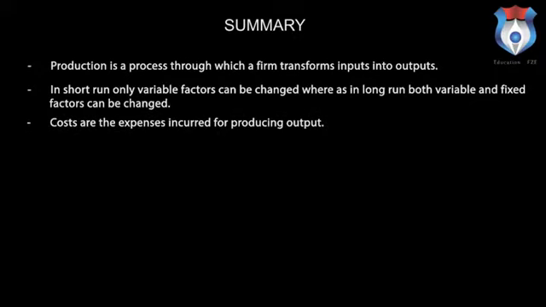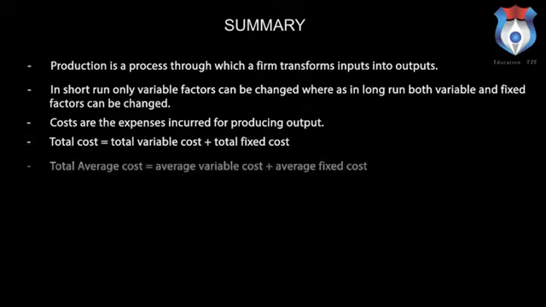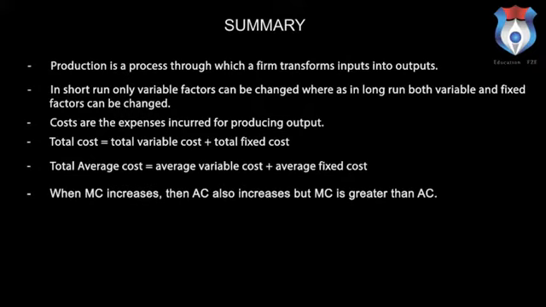Costs are the expenses incurred for producing output. Total cost is equal to total variable cost plus total fixed cost. Average cost is equal to average variable cost plus average fixed cost. When MC increases, then AC also increases, but MC is greater than AC.